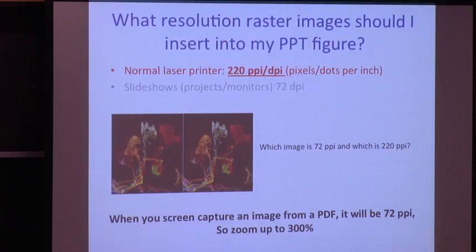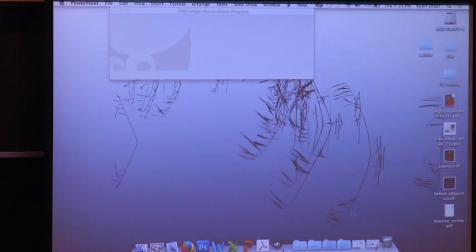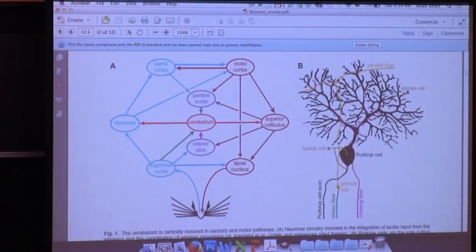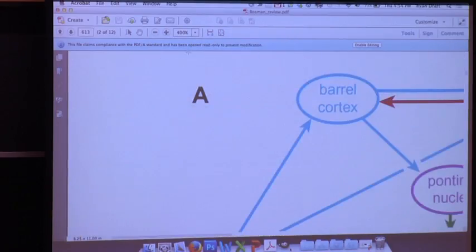So the simple workaround for that, which hopefully you already know if you've been doing scientific presentations, is to take your original image and blow it up to like 300. 300 percent is fine, 400 if that's your option, so that now it's 72 pixels per inch, but it's 300% of what you're going to need in the end.